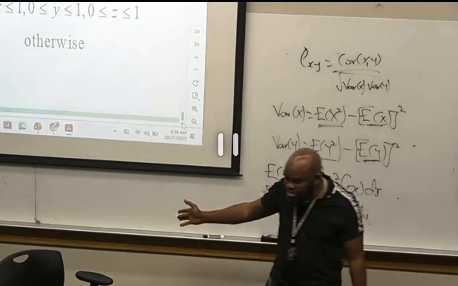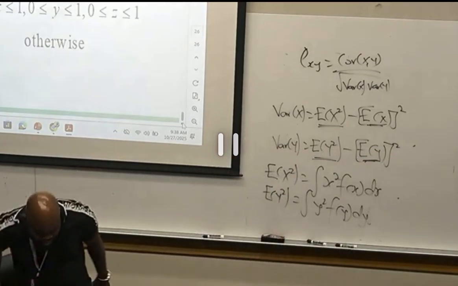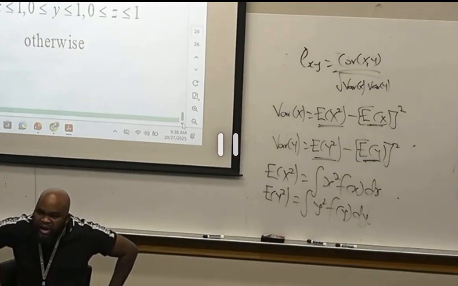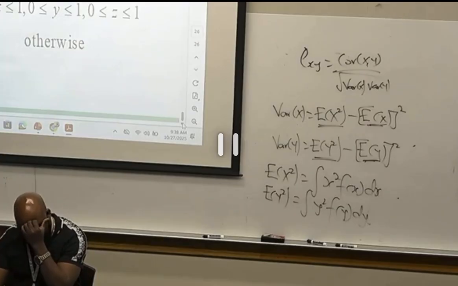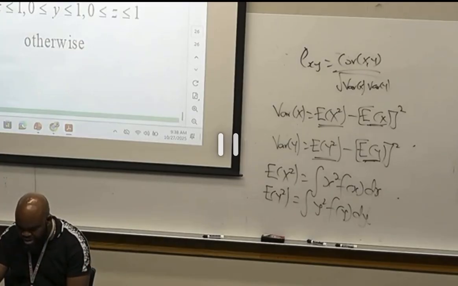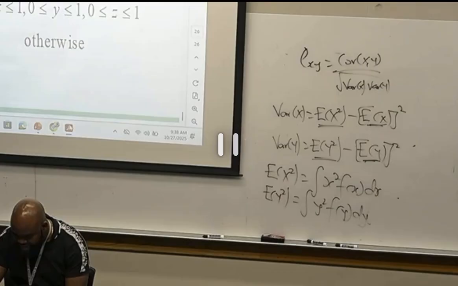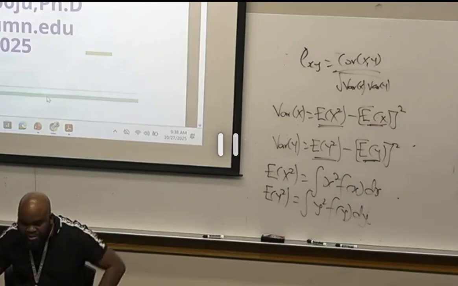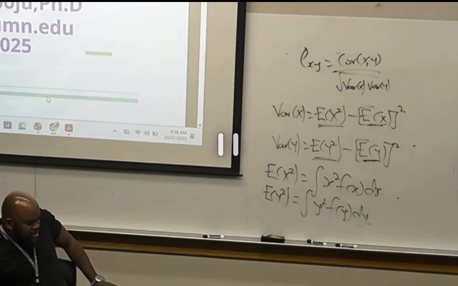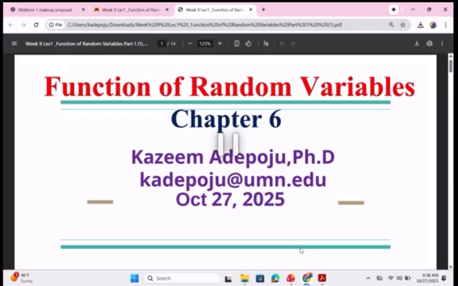You're still going to do the same approach. Now I'm going to go to the new material for the week, and I need you to pay attention. This is chapter 6. Let me tell you this. Chapter 6 will not be part of midterm 2.